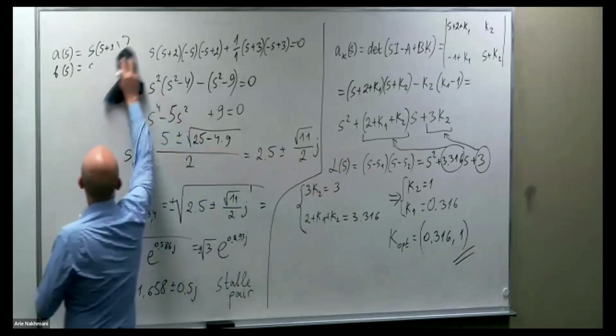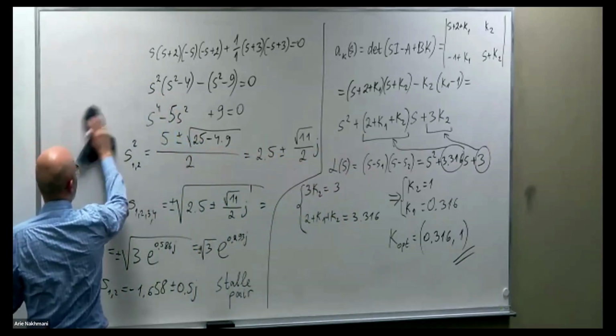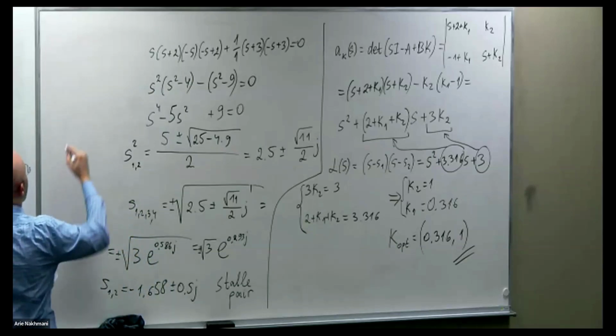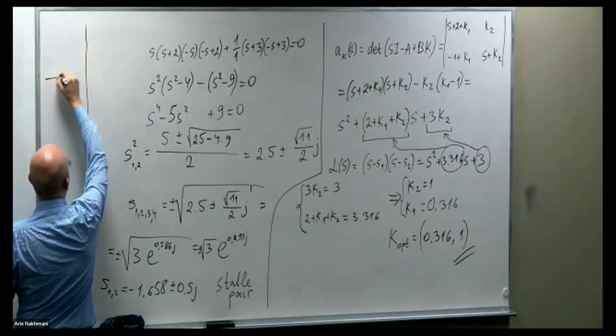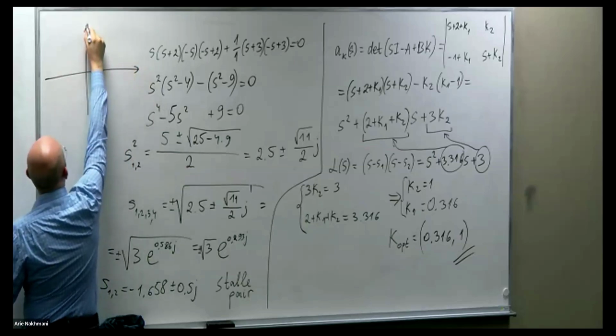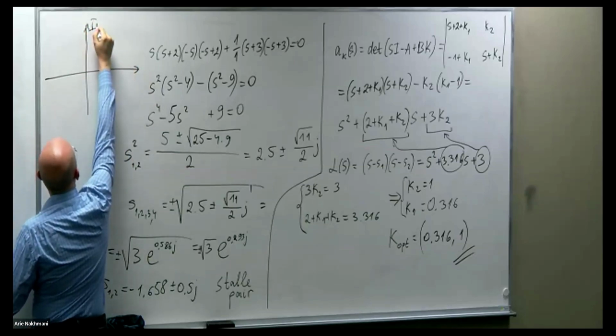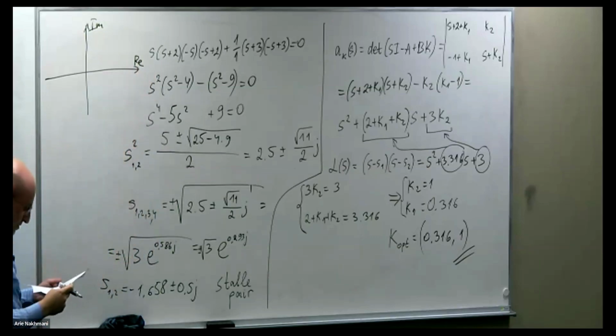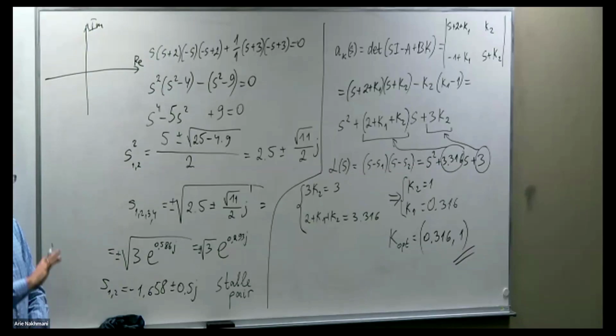It's that part. Let me try to draw it here. This is real. Now, what are all of the poles and zeros that we have in open loop? So first of all, you start with open loop poles and zeros.